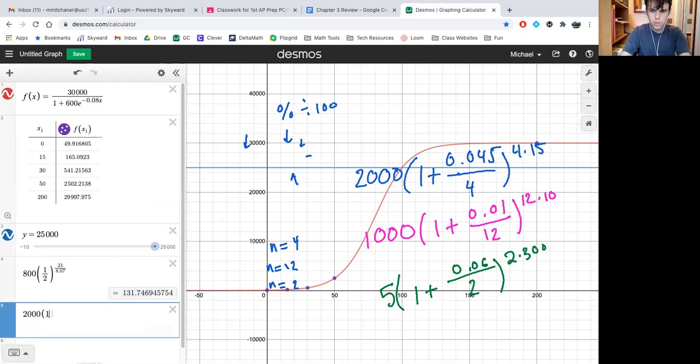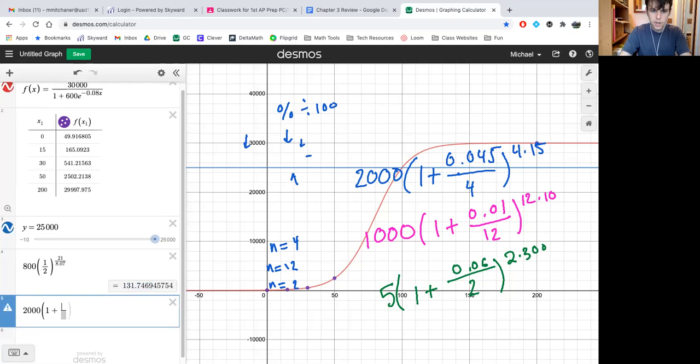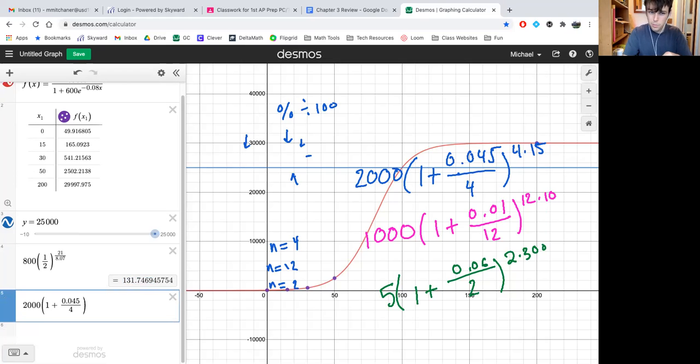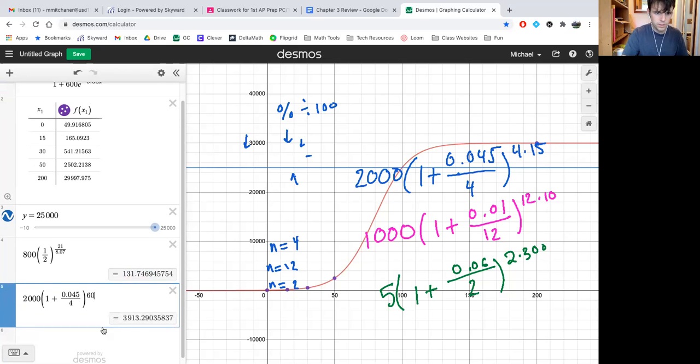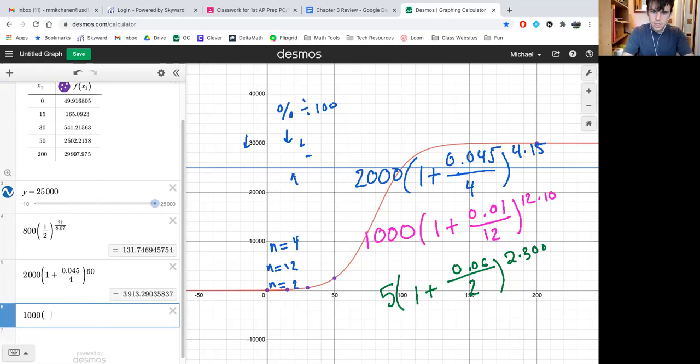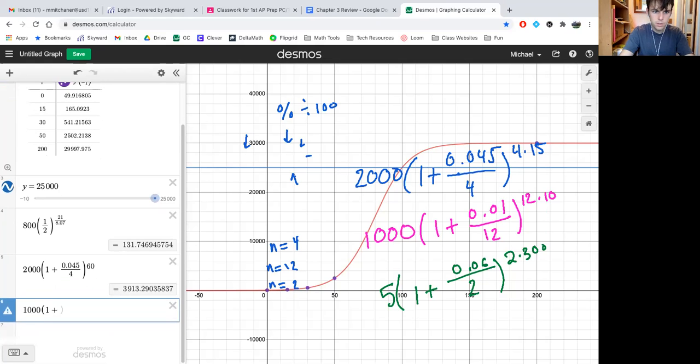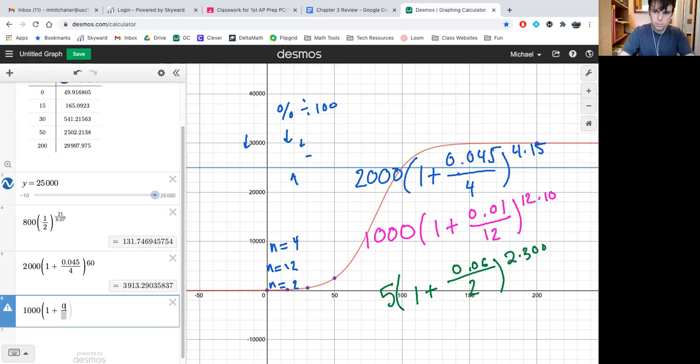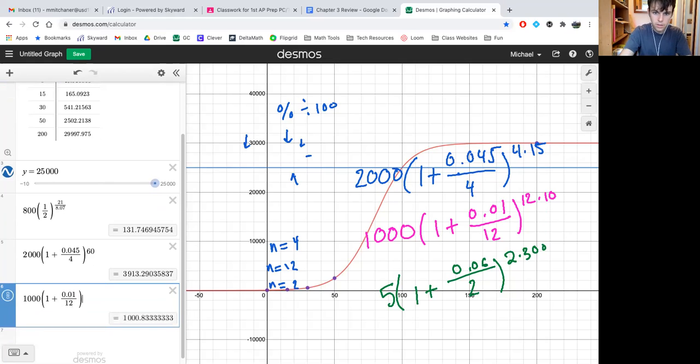2,000 times 1 plus fraction 0.045 over 4. And as an exponent, 4 times 15 is 60. Okay, there we go. That's that one. 1,000 times 1 plus fraction 0.01 over 12.